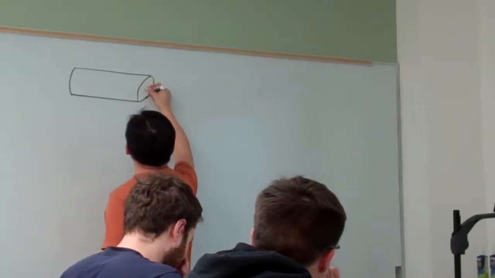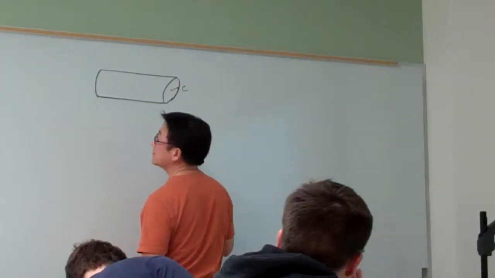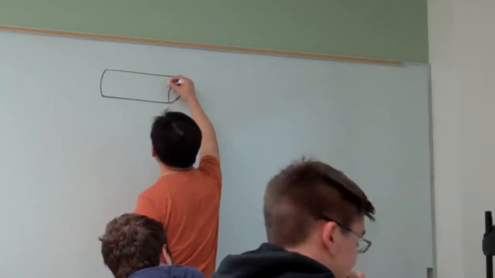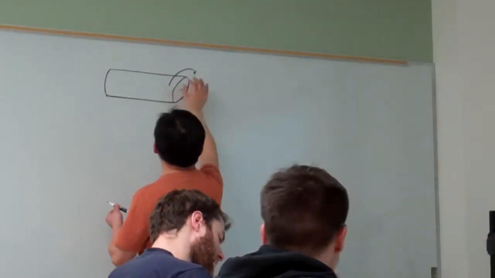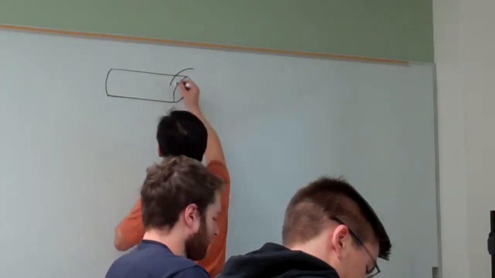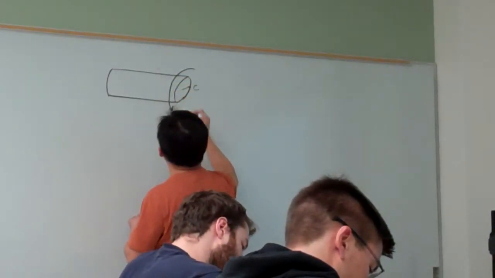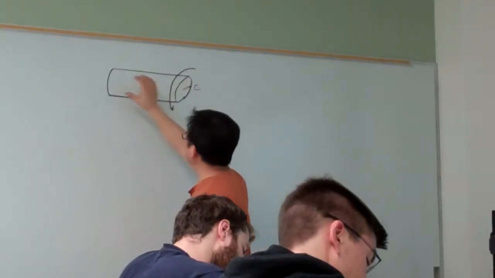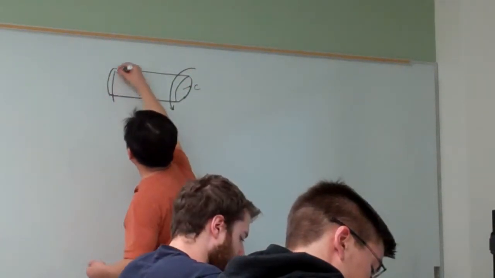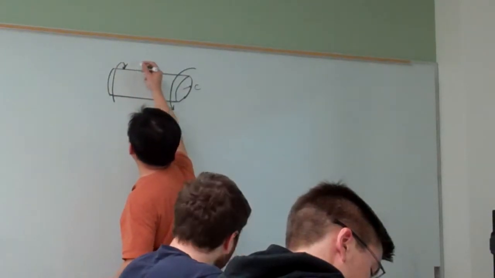So this has the radius C, and this one is under torsion. For example, the application of the torsion is in that direction, and in this way, this will be in this direction. So there's a torque.